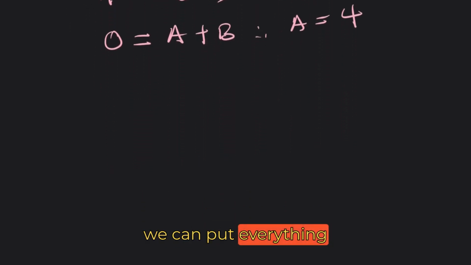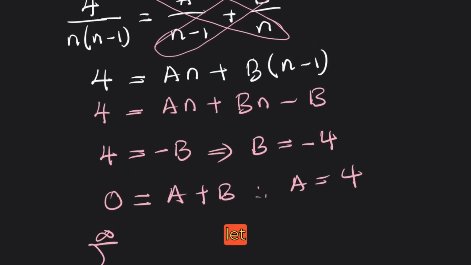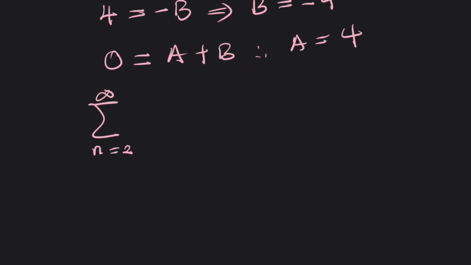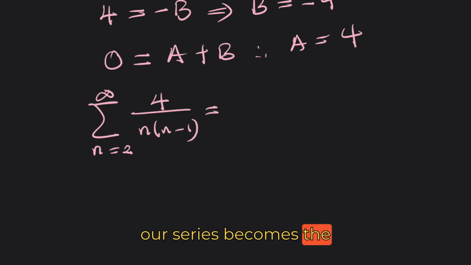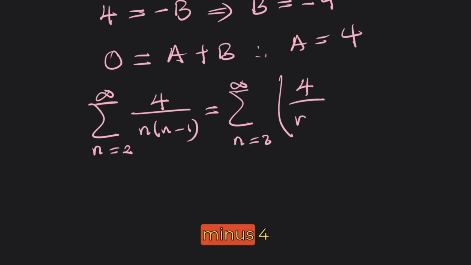So we can put everything together. Remember, we are starting from 2 to infinity. So our series becomes the summation from n equals 2 to infinity of 4 divided by n minus 1, then minus 4 over n.